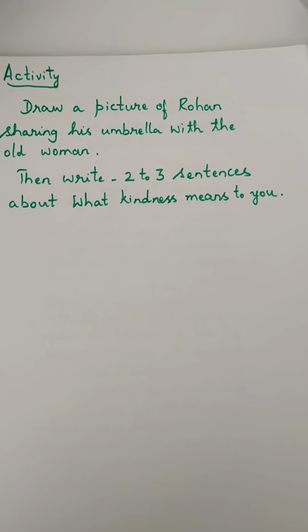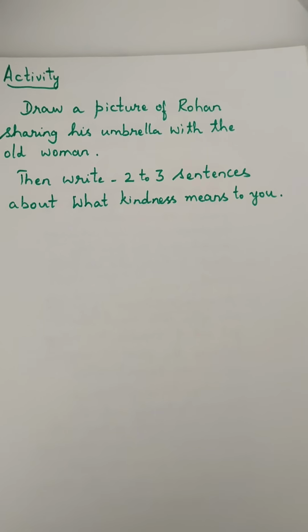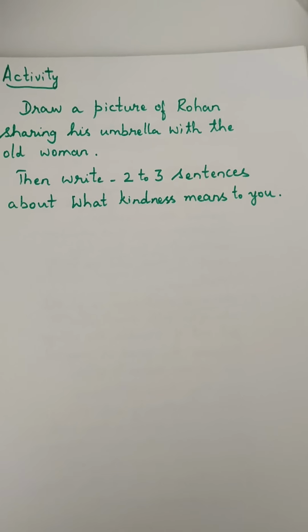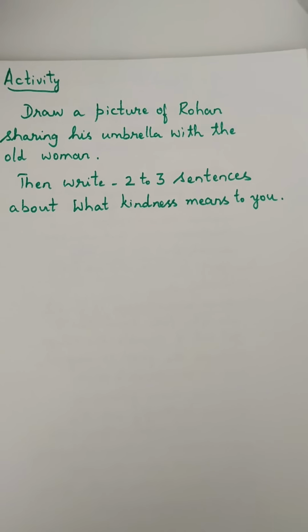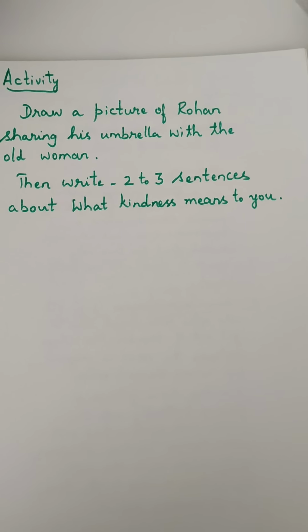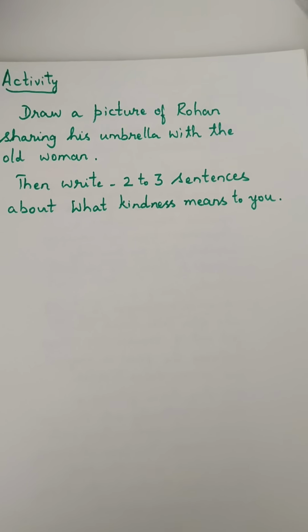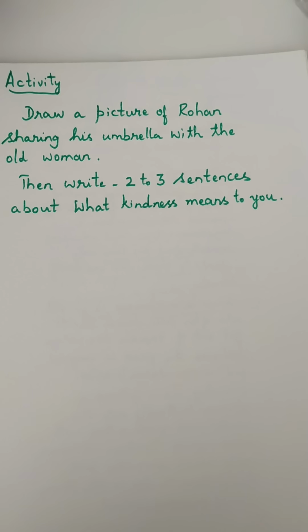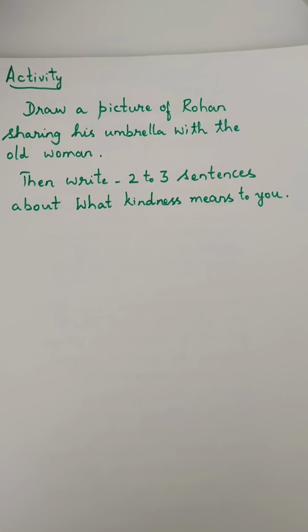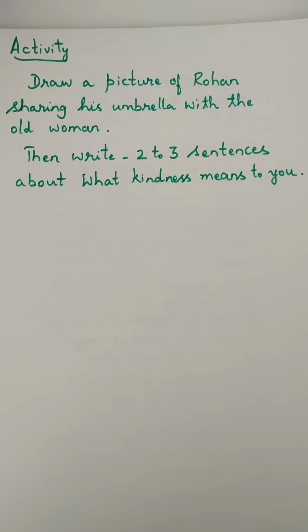So after drawing the picture, you have to write 2 to 3 sentences or even more than that, what you think kindness means to you, what you have understood by being kind to others.